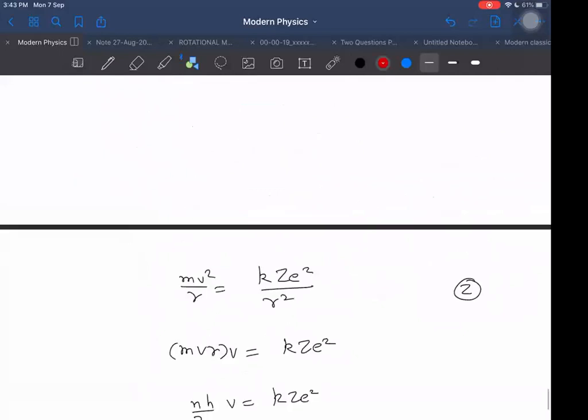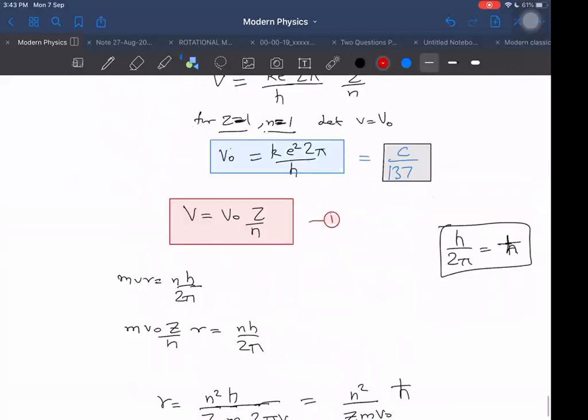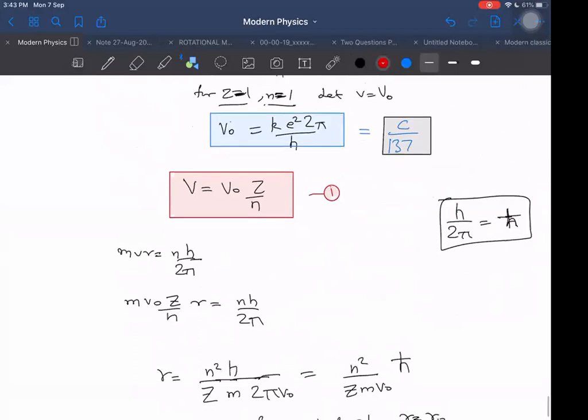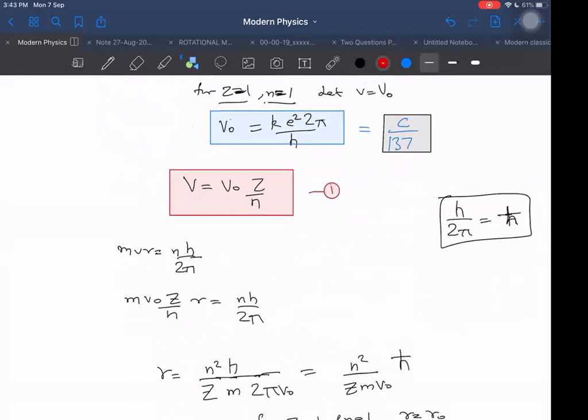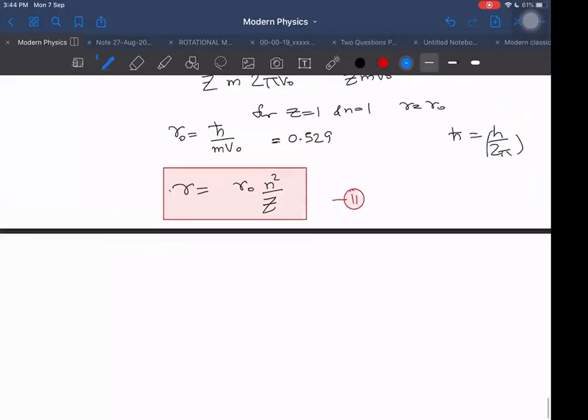We are mainly focusing on this thing. I could have written it as k e square divided by h bar.